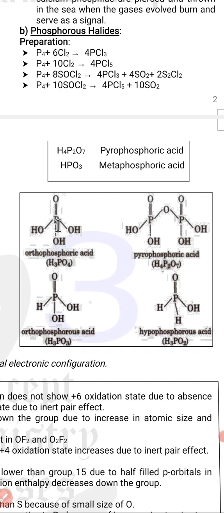There is a phosphorus oxygen double bond and OH. Basicity is the number of replaceable hydrogens, and those hydrogens can be replaced which are attached directly to oxygen, right? So the basicity of orthophosphoric acid will be 3.